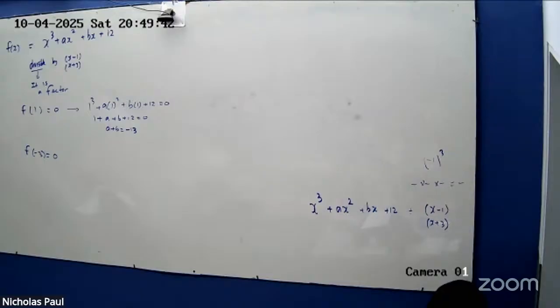Multiplication is commutative. Minus 3 cubed will be what? Negative.